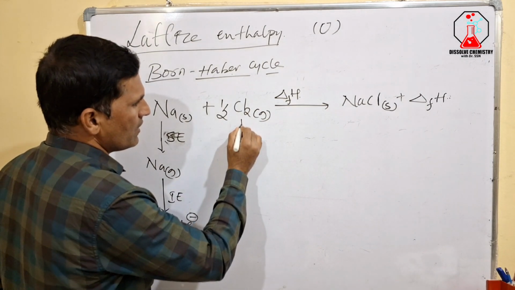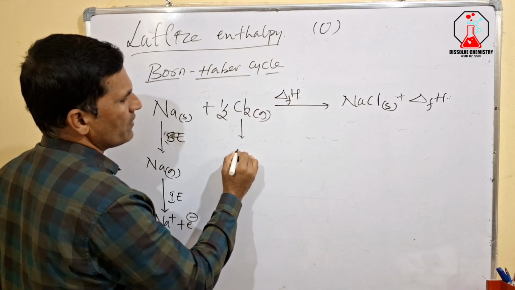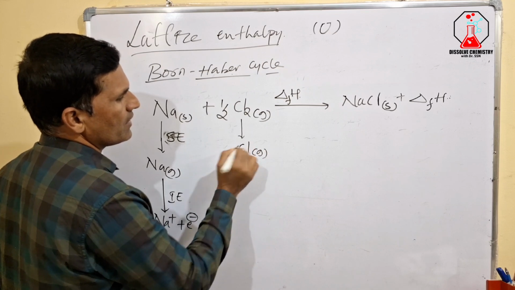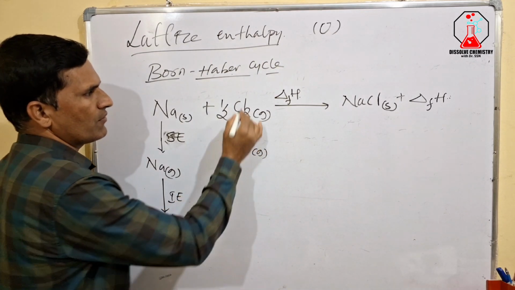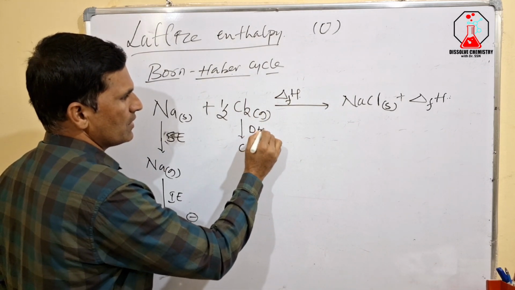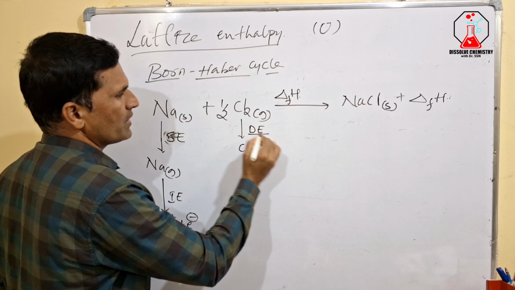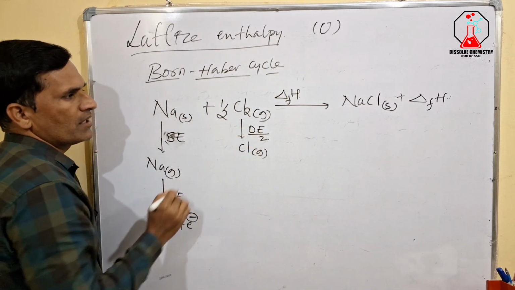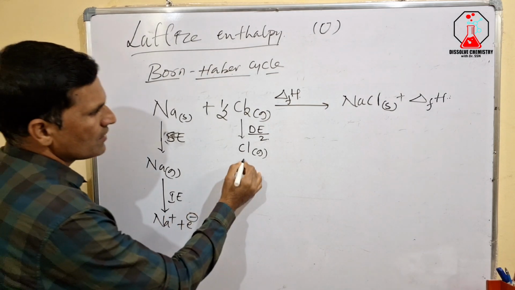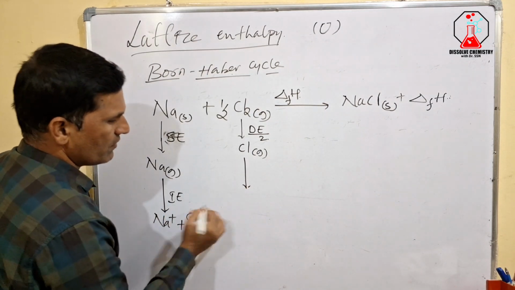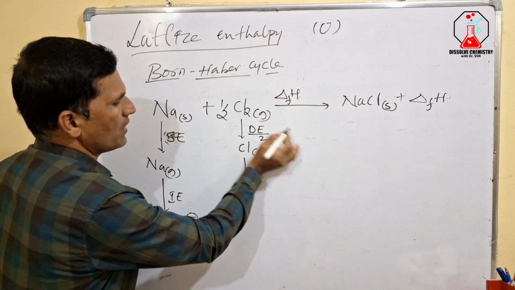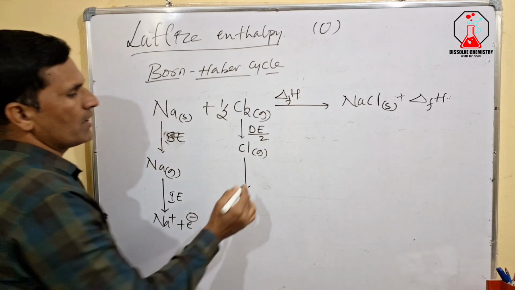Now next, we take the chlorine molecule and convert it into Cl gas. We are taking half a mole, so we get half a mole of Cl. The energy is the bond dissociation enthalpy, dissociation energy by 2, because we are taking half a mole, so we take dE by 2. Then Cl will accept the electron that was given by sodium. That we call the electron affinity, or electron gain enthalpy.